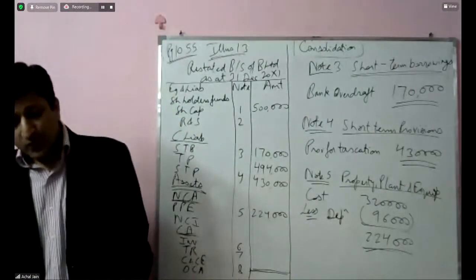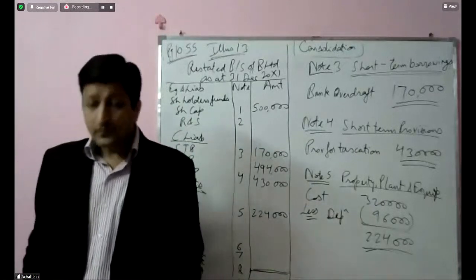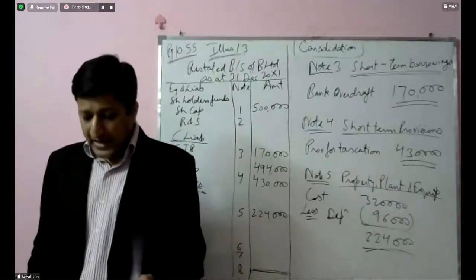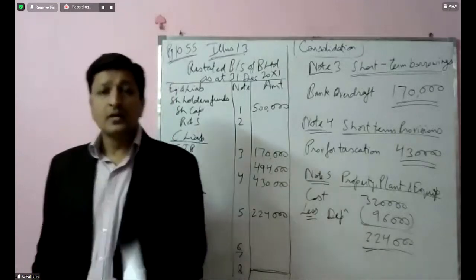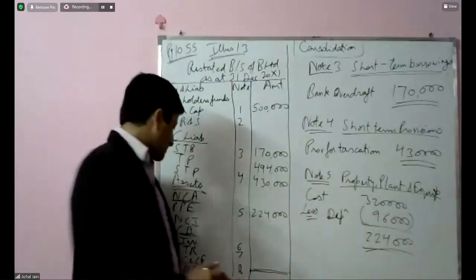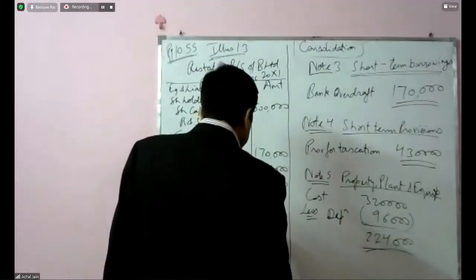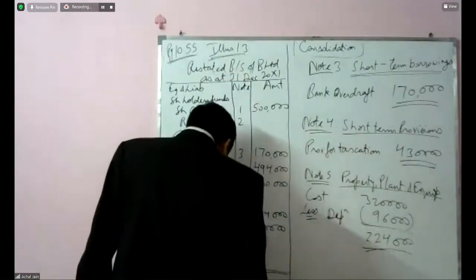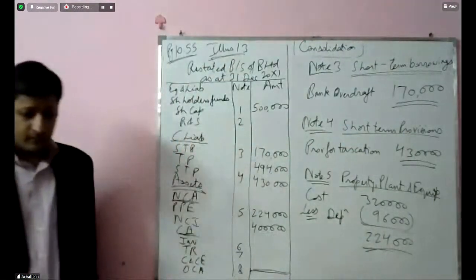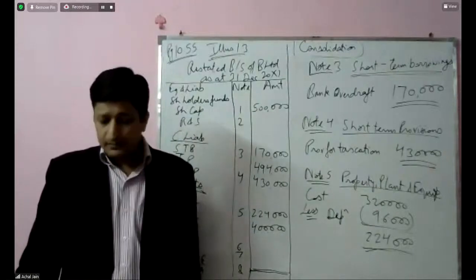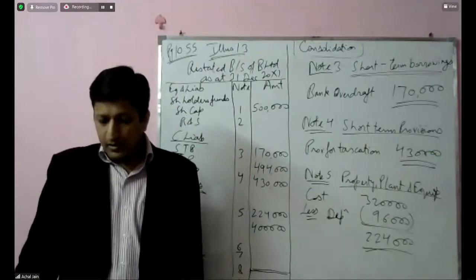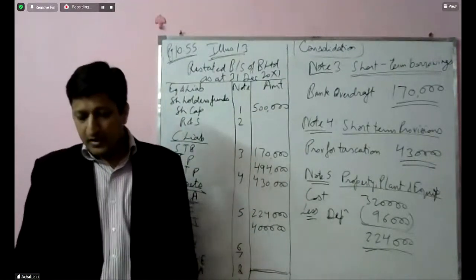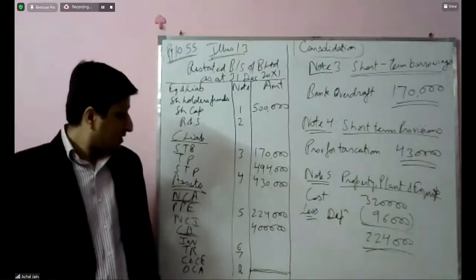I think this was again direct. 4 lakh was the amount, and there is no adjustment in this. So we can plot this information also. 4 lakh. Okay, yeah. All right, so then moving further on to note number 6.